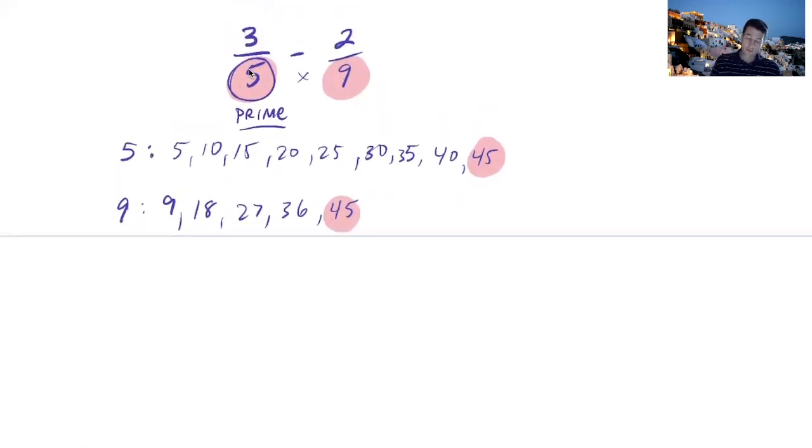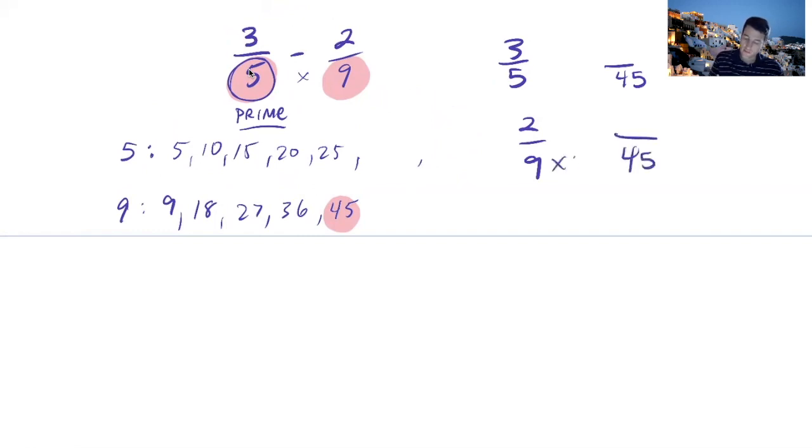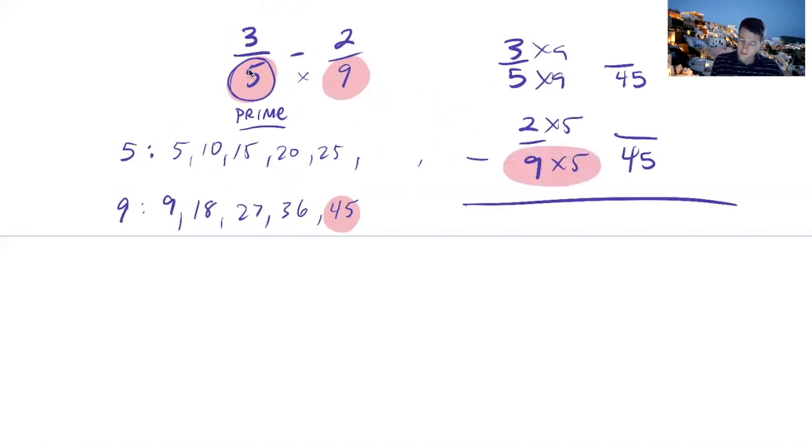All right, so let's start the conversion. 3/5. We know that we're going to use 45 as a denominator. We have 2/9, and we're going to use 45 as a denominator. Times 5, times 5, times 9, times 9. Because we have to ask, how can I make 9 into 45? Well, I multiply by 5.